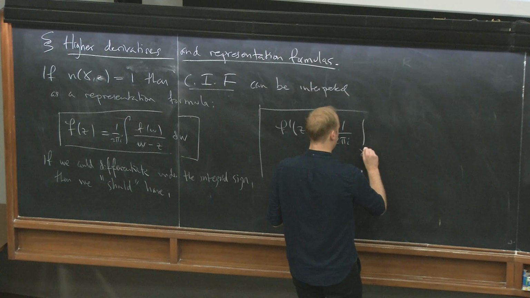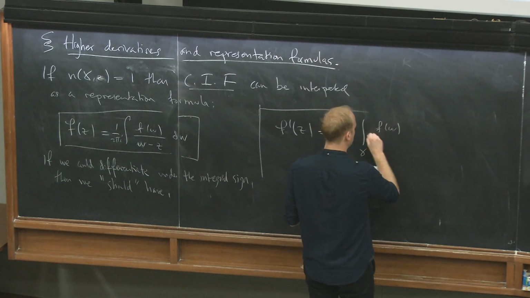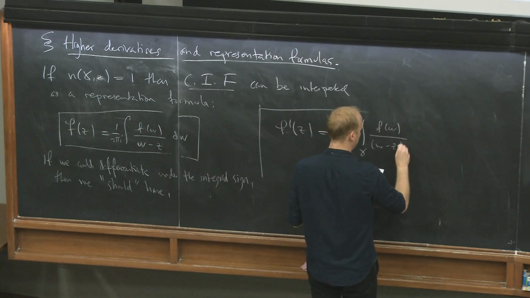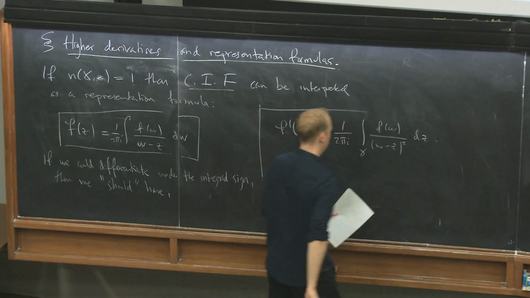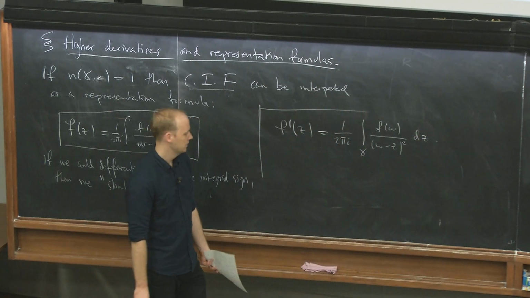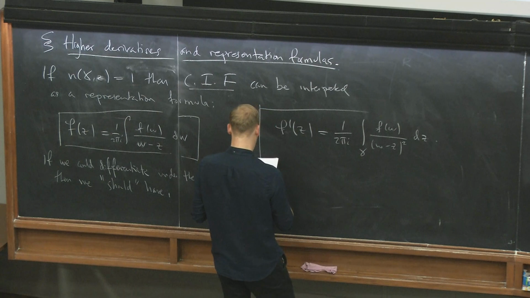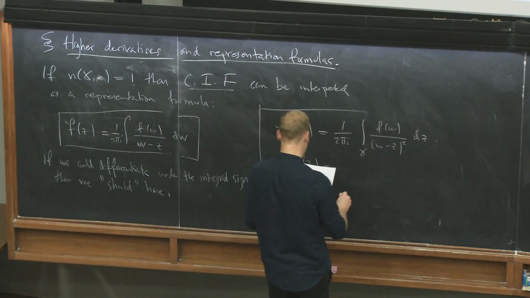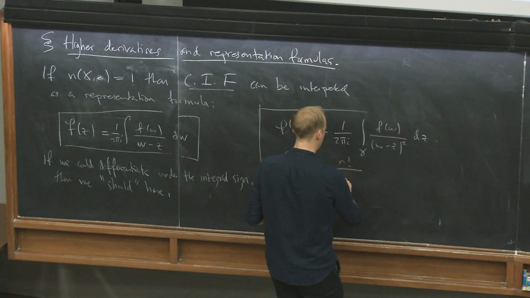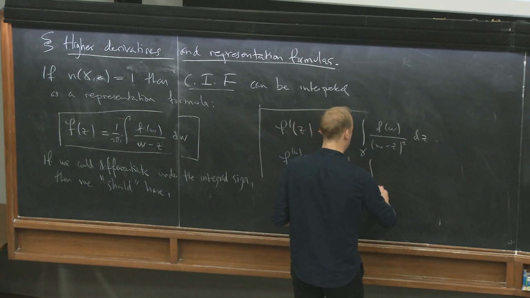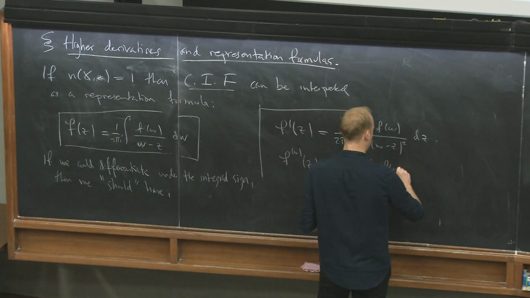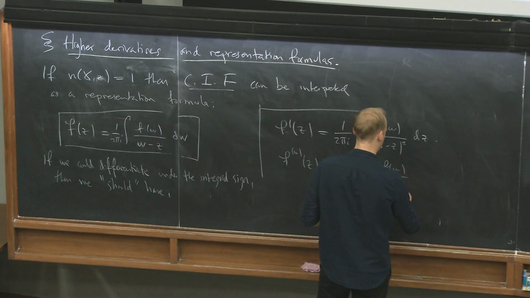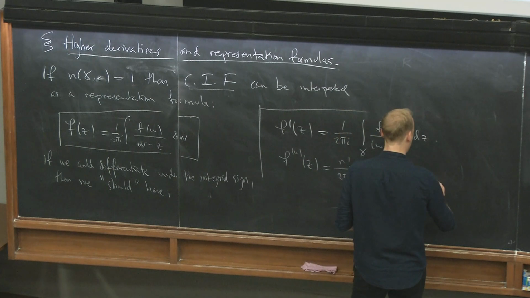So it should be equal to f of w over (w minus z) squared dz, and so on. We should get that f^(n) of z is equal to n factorial over 2 pi i integral over gamma of f of w over (w minus z) to the n plus 1.